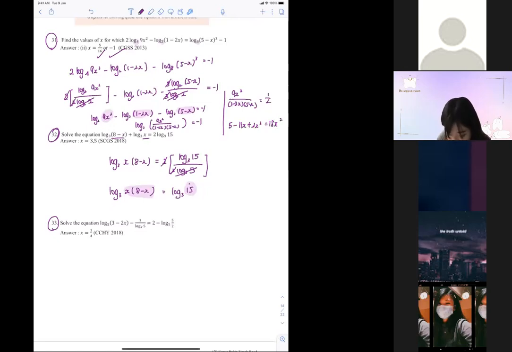Yes, 31 is correct. 32 is correct also, but you must solve. Okay. 32 there, answer. This one equals to this one. So you have x, 8 minus x equals to 15. Then you can continue. LB, you solve 32 already?